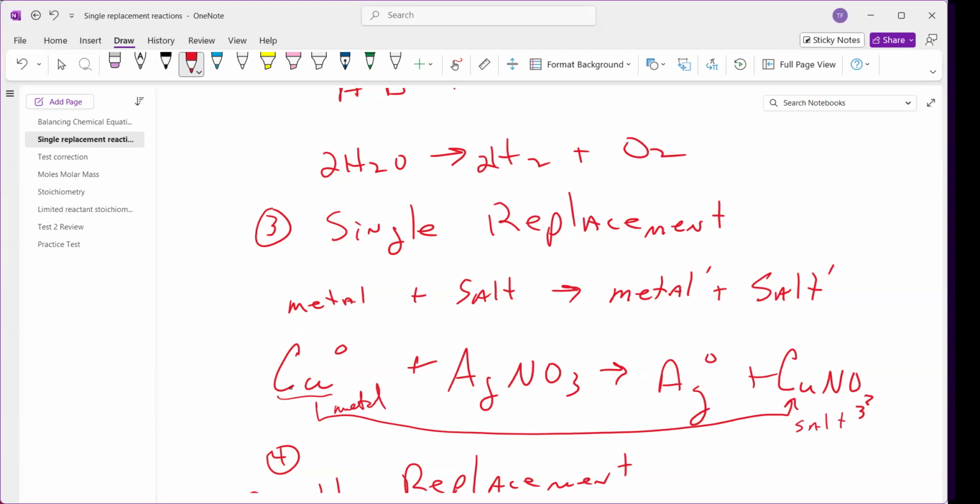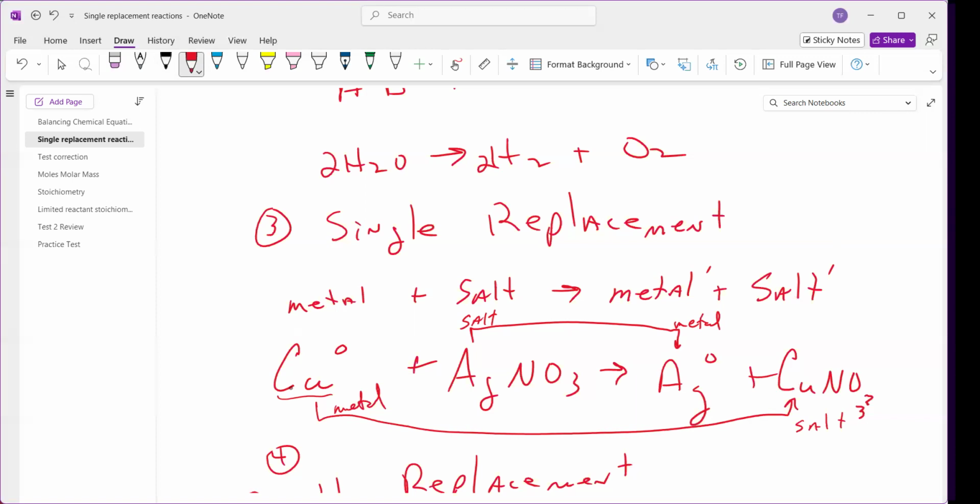Millions. This salt here, the silver, becomes a metal. Now, single replacement reactions involve electron transfers. Okay, electron transfers between the metal and the cation.